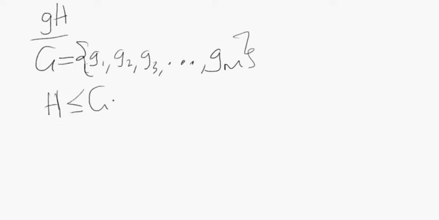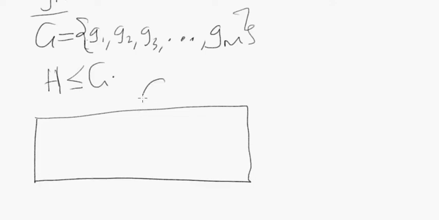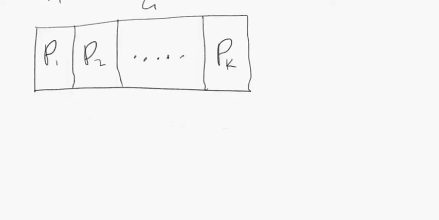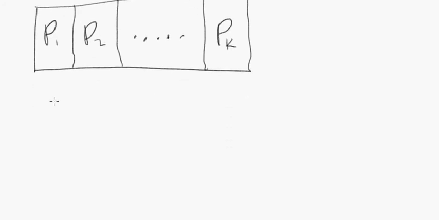So what we came to the conclusion before is, maybe we can partition G. We could break up G as follows. We get our group G and we can partition it into partitions: partition 1, partition 2, etc., up to some partition K. And we're thinking about the following idea. Suppose we could guarantee the following conditions.